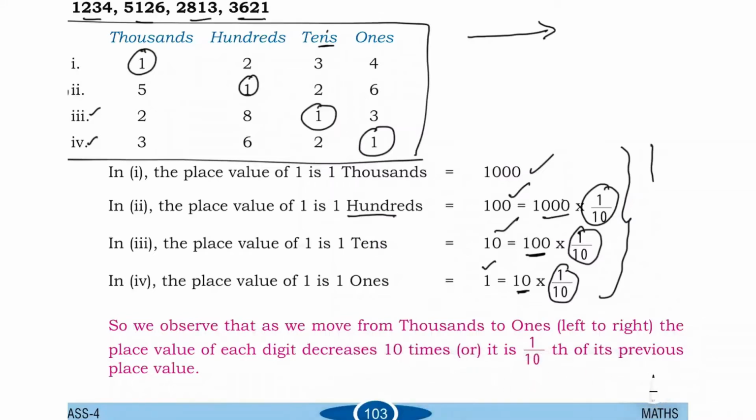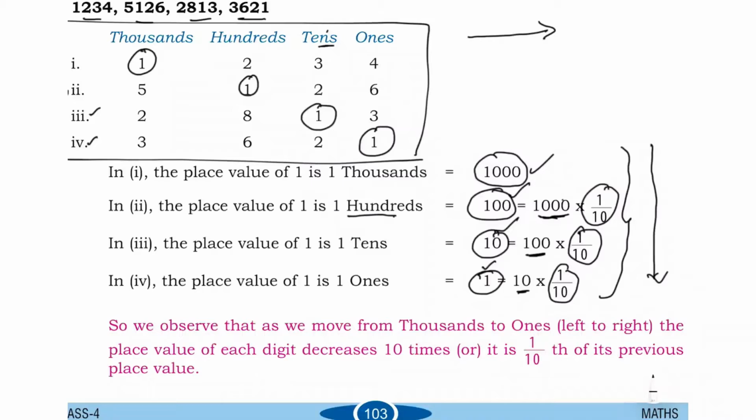Here it is 1000, then it becomes 100. 100 is 10 times less than 1000. That's how you do 1000 into 1 by 10, and that's how you get 100. And then you have 10. 100 is reduced to 10, so 100 into 1 by 10 is 10. So here it is 1.